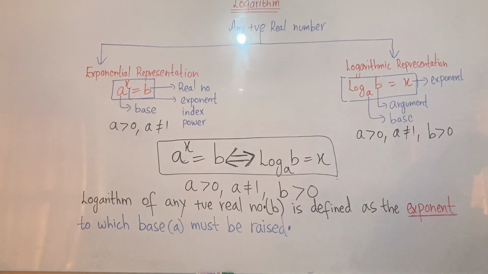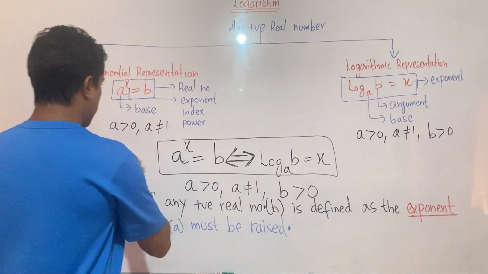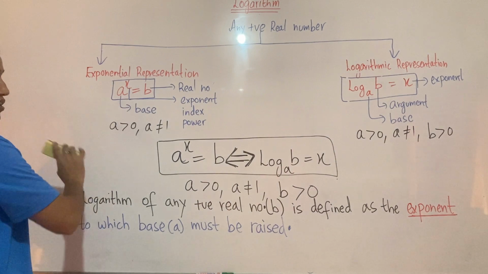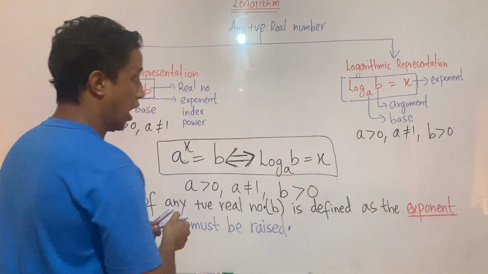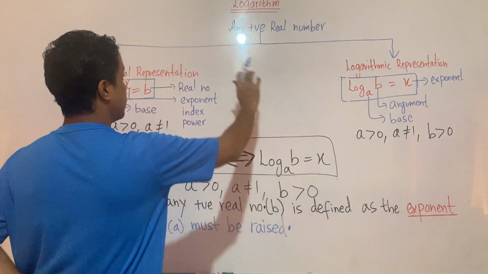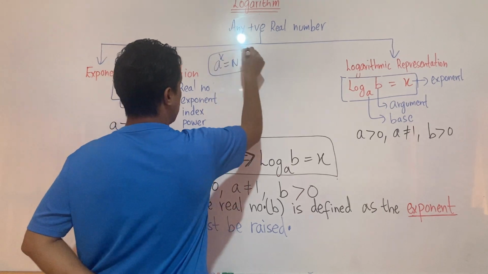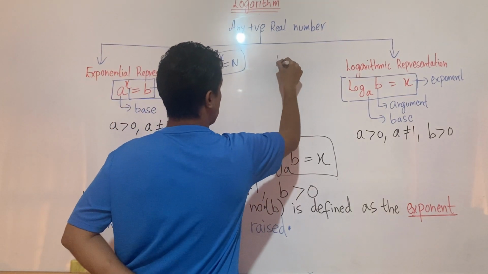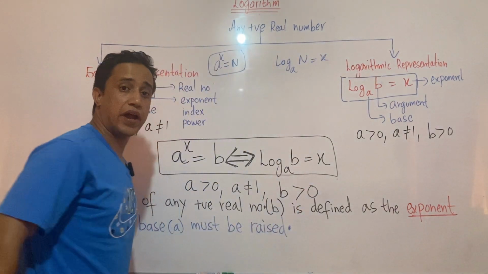Now let's see some questions on it. I hope this is clear, it's very simple. Now, see here. In some books, they may represent the exponent function as a^x equals n, so the logarithmic function would be log n to the base a is equal to x.